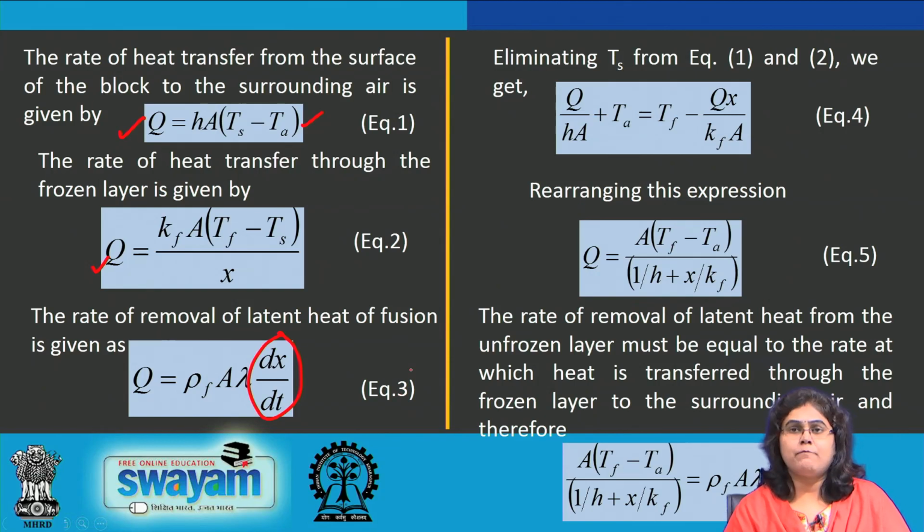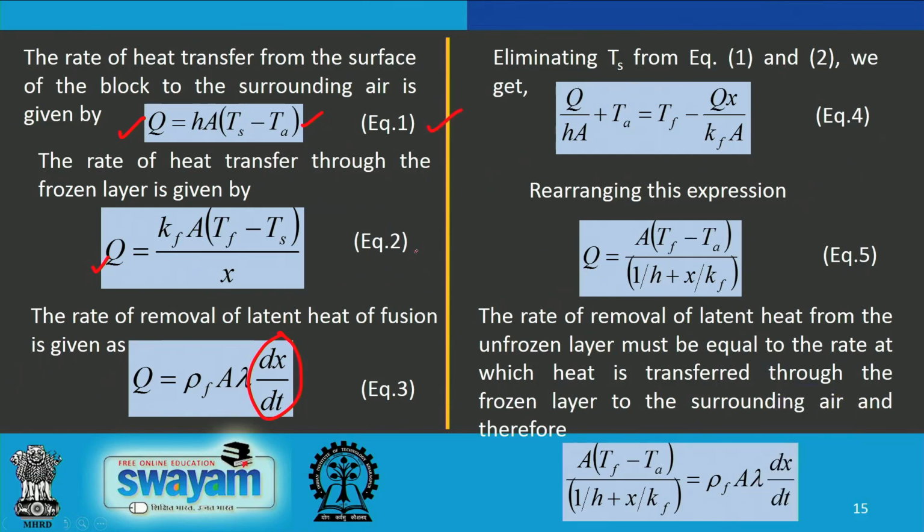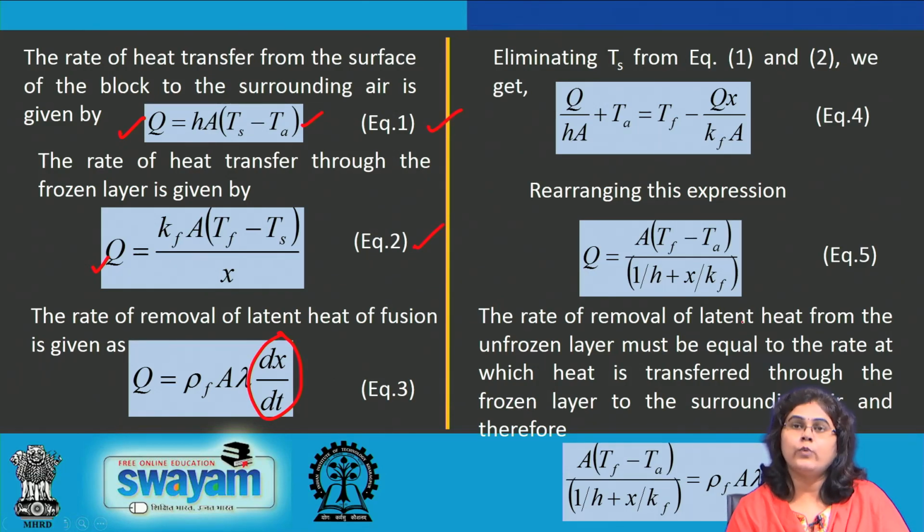Now, this surface temperature of the food material has practically no significance in this regard, because that is not known in the initial condition. So, we can eliminate this Ts from both the equations, equation 1 and equation 2, and we arrive at the expression Q upon hA plus Ta is nothing but equal to Tf minus Qx by KfA.